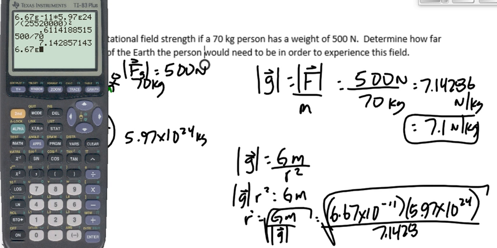6.67 times 10 to the minus 11 times 5.97 times 10 to the 24, divided by 7.14 gives me this value. Let's square root. There's something wrong with that. What have I done wrong here?